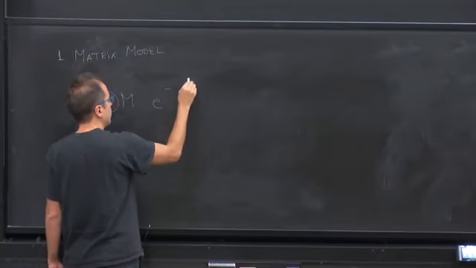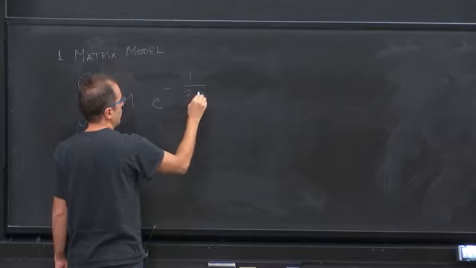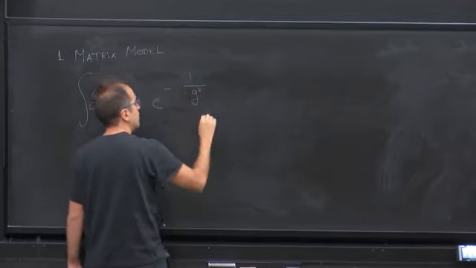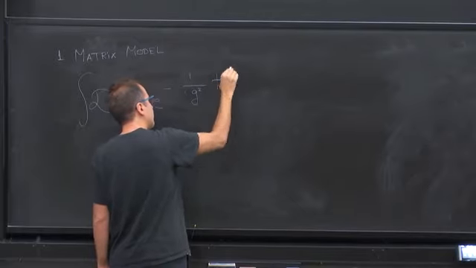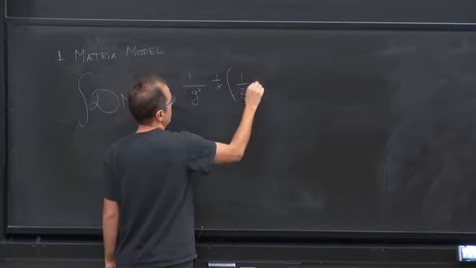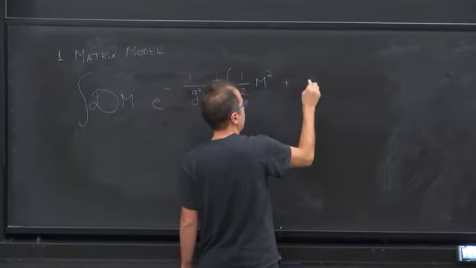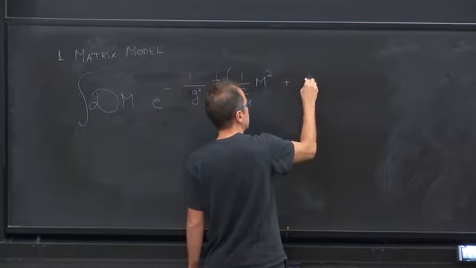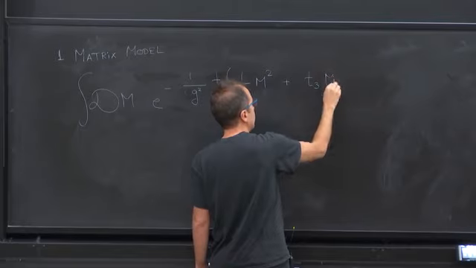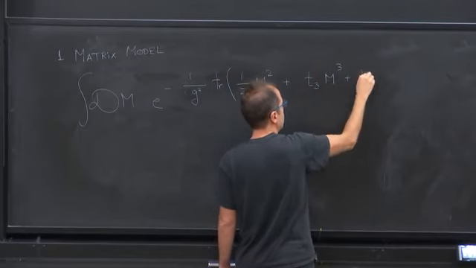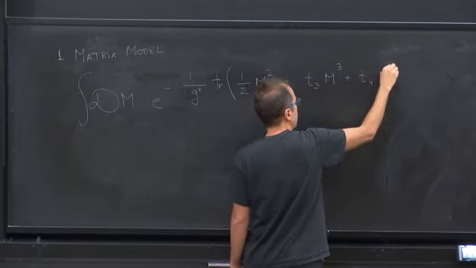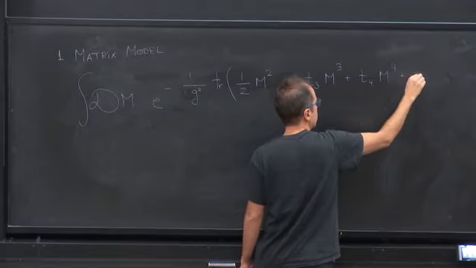Then we add exponential of minus 1 over g squared, and then we have trace. We can have our kinetic term, 1/2 of m squared, plus some general potentials. We could have some t3 m cubed plus some t4 m to the 4 plus dot dot dot.